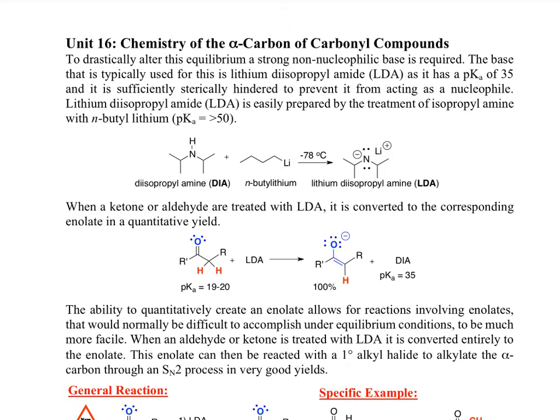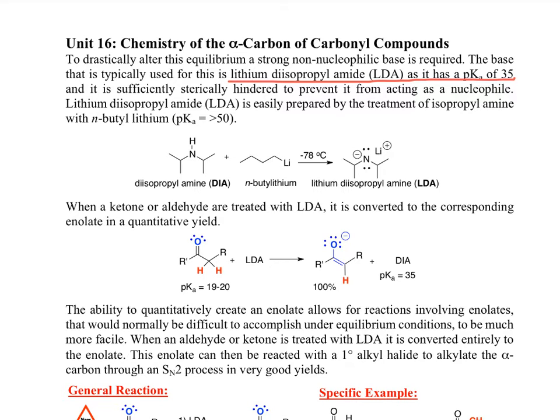The base that we typically use for this is called lithium diisopropyl amide, or LDA, and it has a pKa of 35. And here's LDA, and the reason that we like LDA is that it's sterically hindered, so it will act as a base, but it's so sterically hindered that it won't act as a nucleophile. We make LDA through the reaction of diisopropylamine with n-butyllithium at minus 78 degrees Celsius, and we get lithium diisopropyl amide, LDA.